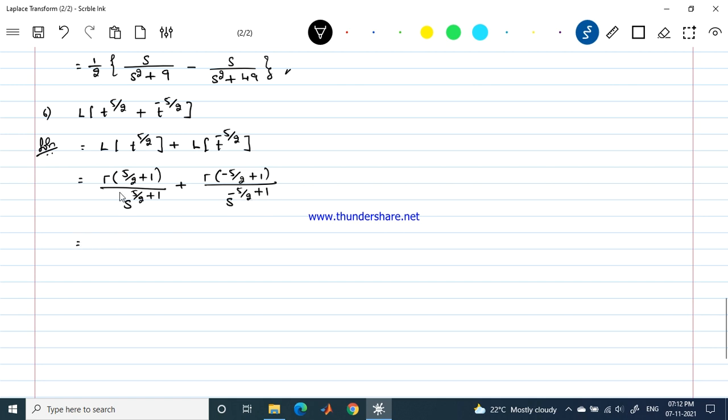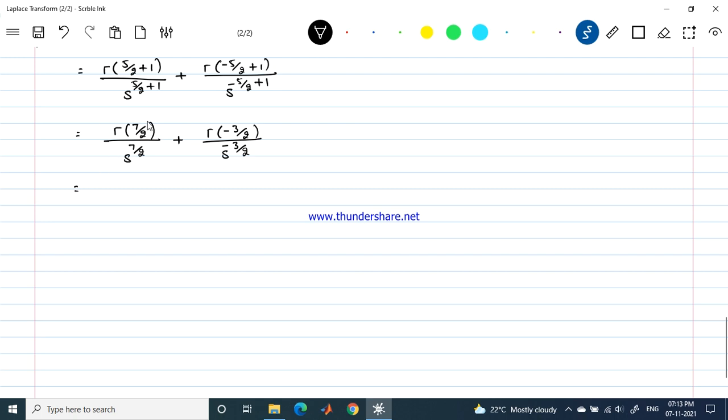This is equal to gamma of 7 by 2 upon s power 7 by 2 plus gamma of minus 3 by 2 divided by s power minus 3 by 2.